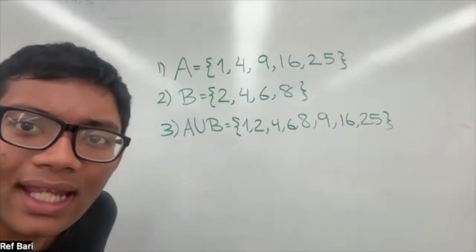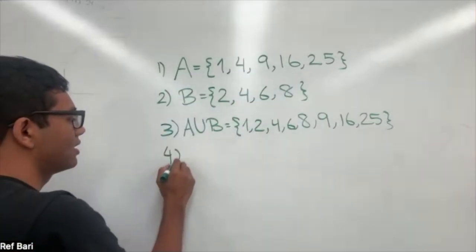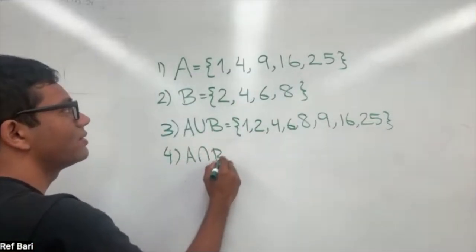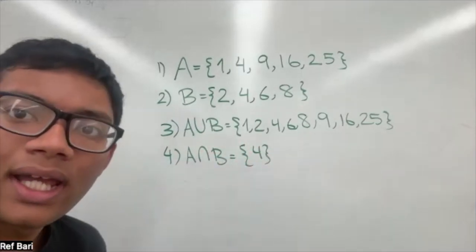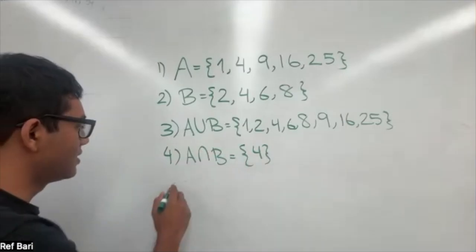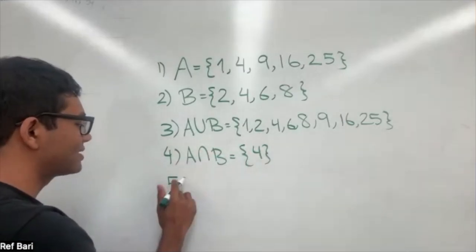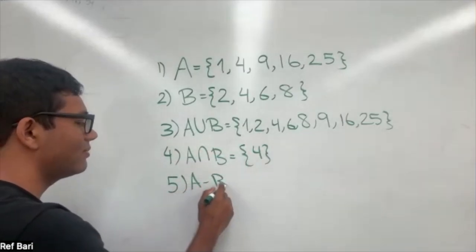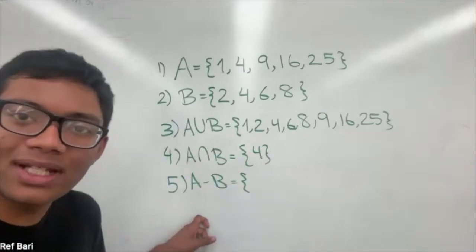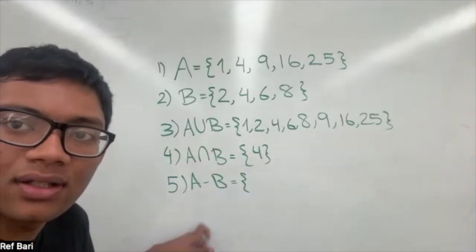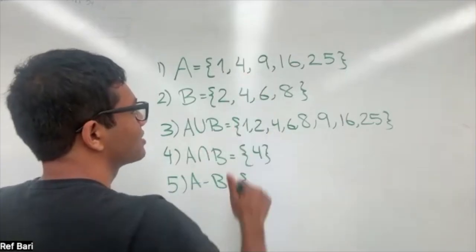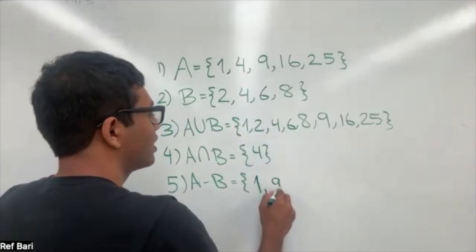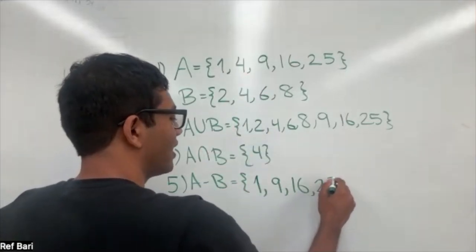A intersection B: the only element that's in both A and B is 4. So it's just going to be 4. And then A minus B: all the elements that are in A but not in B. So everything except 4: 1, 9, 16, 25.